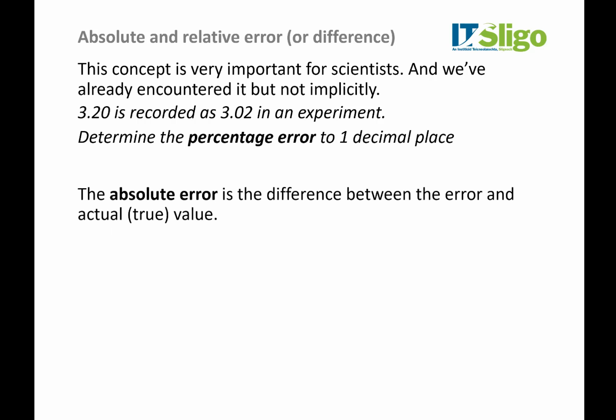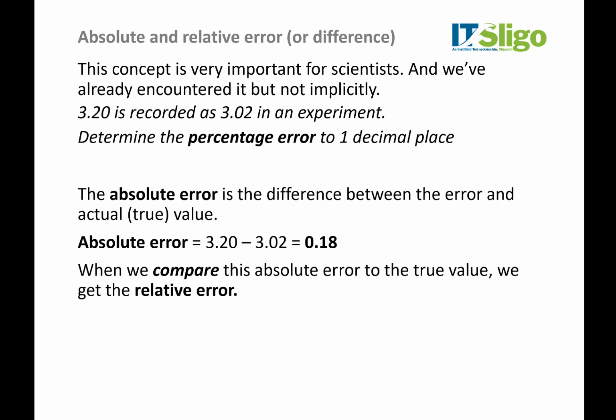So we already actually found the absolute error when I got the difference. That, guys, technically is the absolute error. So the absolute error is simply the difference between the measured value and the true value. So I just found that, but I didn't describe it explicitly as the absolute error, but that's what it is, that value.